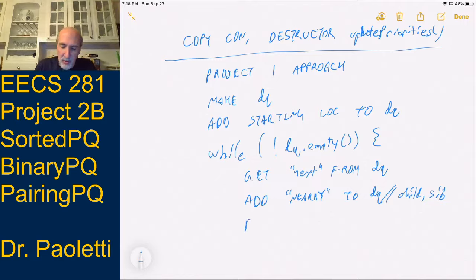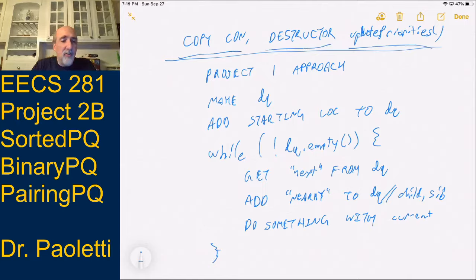And then I've got to do something with the current one. And that do something is going to depend on whether you're writing the copy constructor, the destructor, or the update priorities. If you're writing the destructor, what do you do with the current one? You delete it.